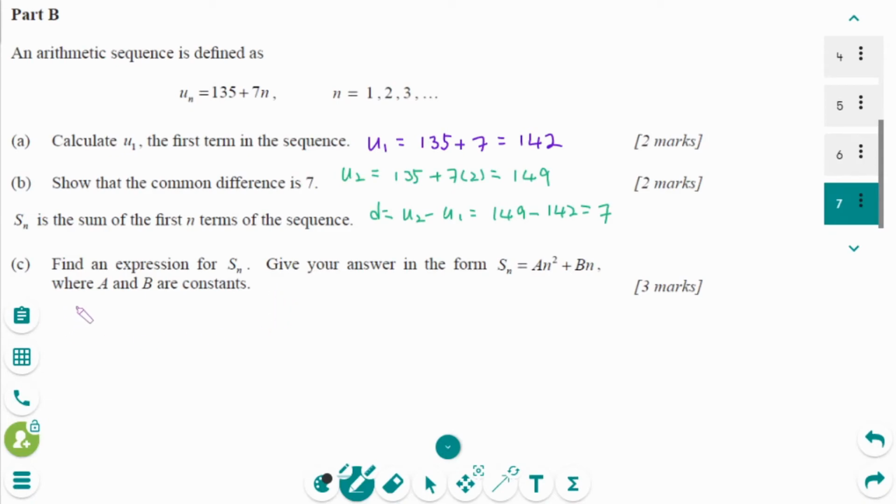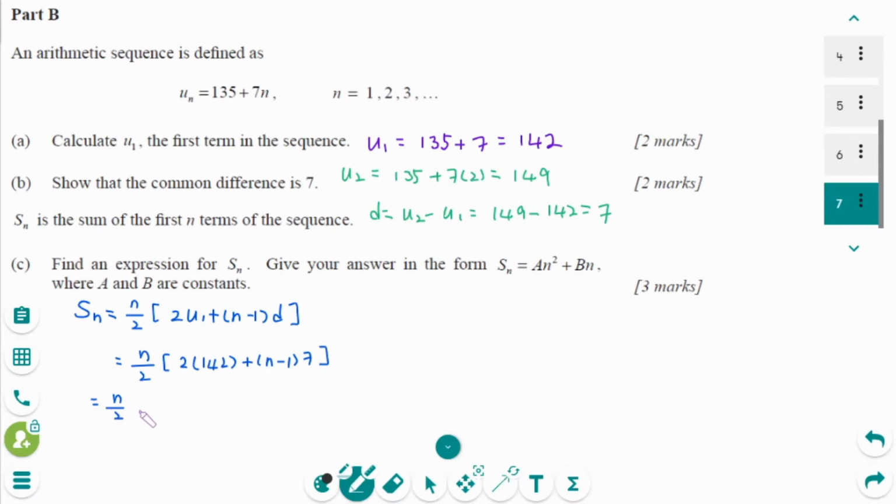Number C, the formula Sn equals n over 2 times U1 plus n minus 1 times d. Then Sn equals n over 2 times 142 plus n minus 1 times 7.